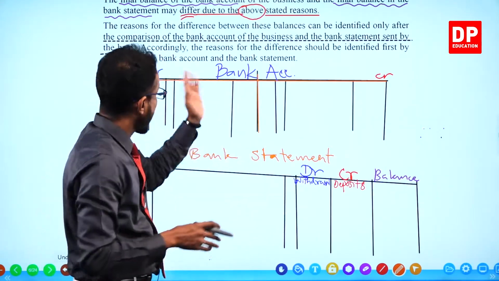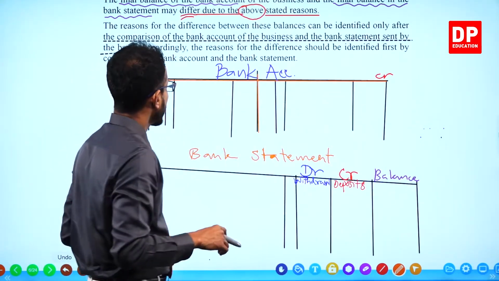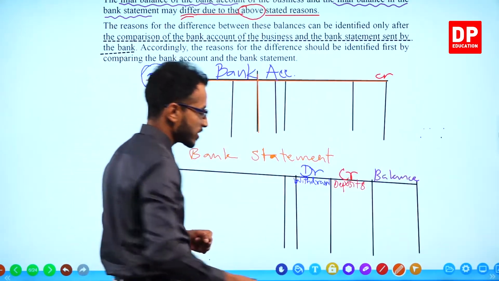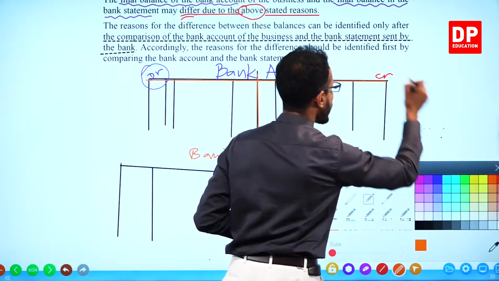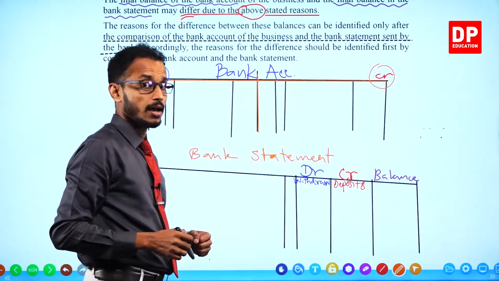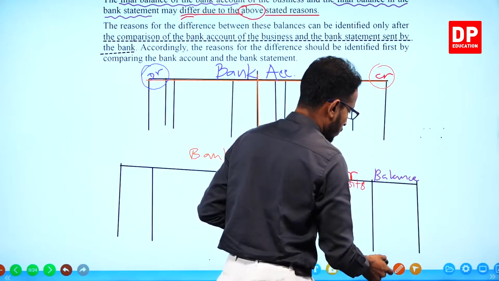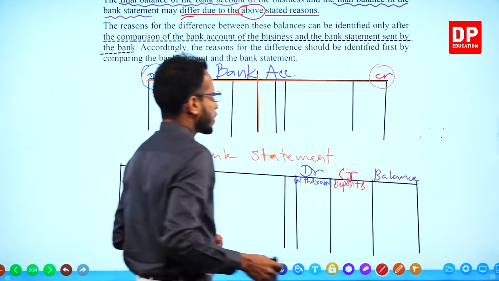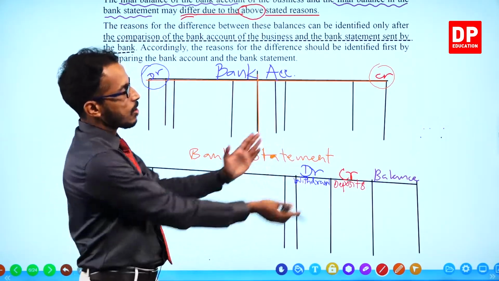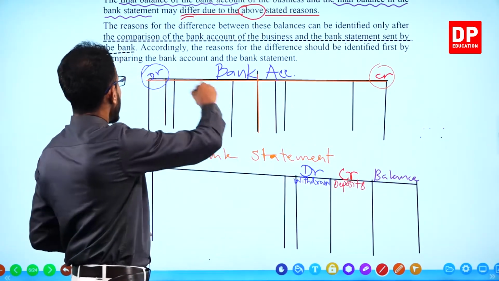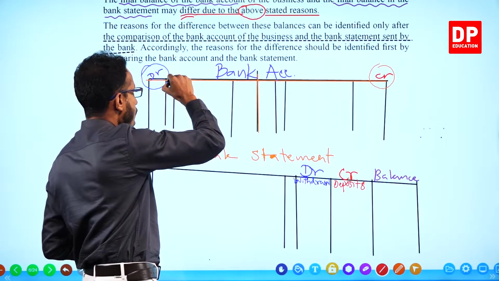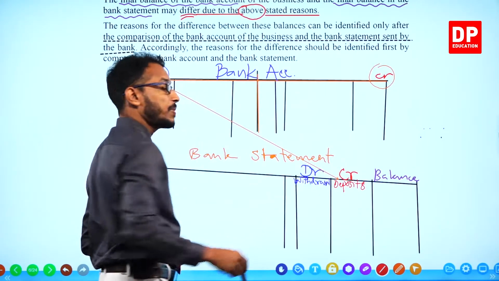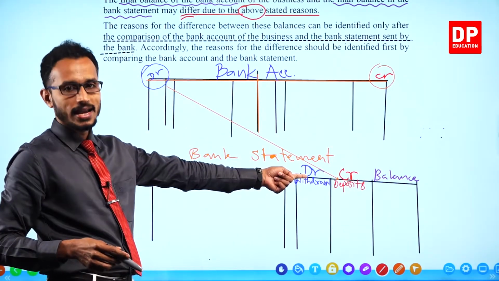Unlike in our bank account where debit side is for deposits and credit side is for withdrawals, in the bank statement, children, the sides are the opposite. So the debit side of our bank account should be compared with the credit side of the bank statement.